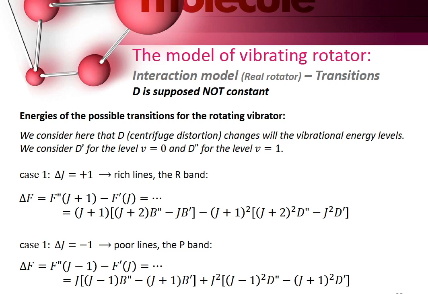So doing the calculations gives us these expressions. Honestly, no one would be asking to memorize these expressions or to calculate them. It's silly. But you should understand what they mean. We just added the correction for each level differently, because one level has B prime and D prime, and the other level has B second and D second.